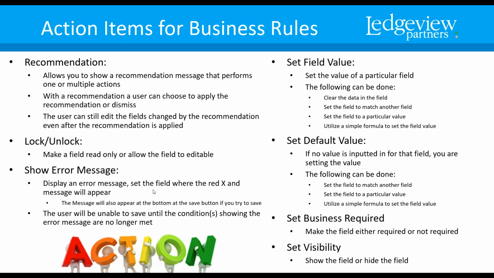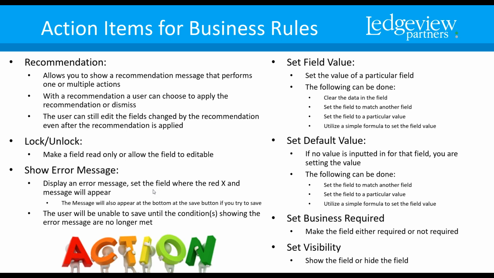So it's a way to enforce your processes within the system. It's almost like a safeguard. It's a really nice feature to utilize, but again, it has to have the right scenario to be useful.